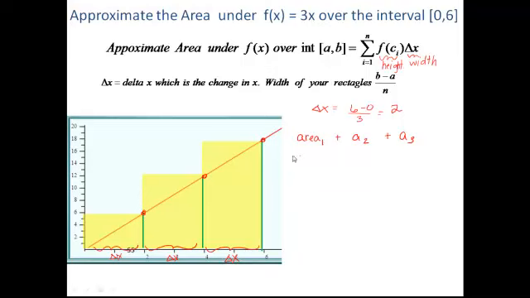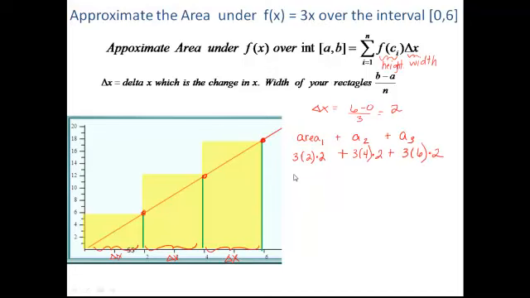So we need 3 times 2, that's the height, times the width, which would be 2. There's the area of the first rectangle, plus this is f of 4, so 3 times 4 times 2, and then plus this one right here would be f of 6 to get us the height of this actual y value, and then times the width.